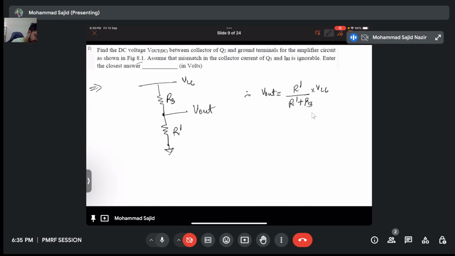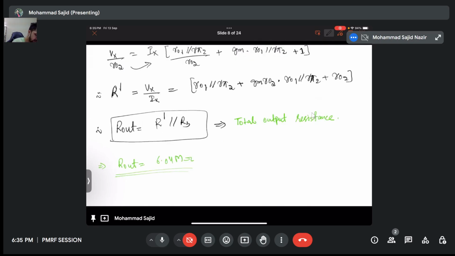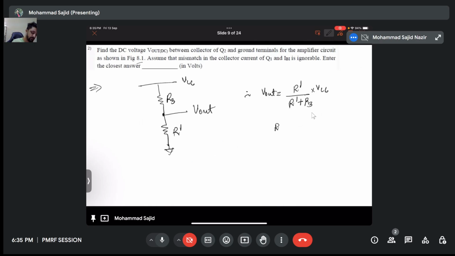And from the previous part, you substitute the values which we have calculated, and you'll see the R dash comes out to be 15 mega. We just need to calculate that, and therefore V output will be 15 mega divided by 15 mega plus R3.